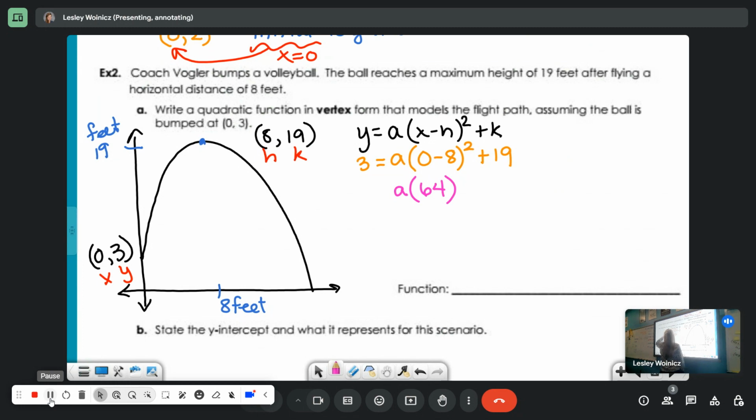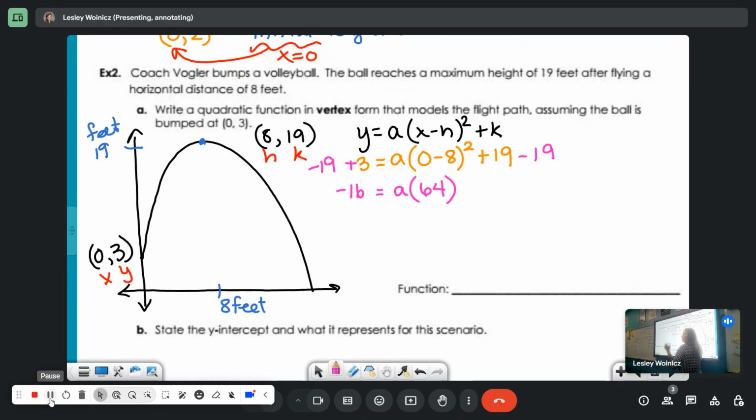I'm subtracting away the 19 on both sides. So the 3 is positive. It's the 19 that's negative, right? Just be careful when you write it on the other side. You have a negative 16. Okay, that's good because we need our a value to be negative.